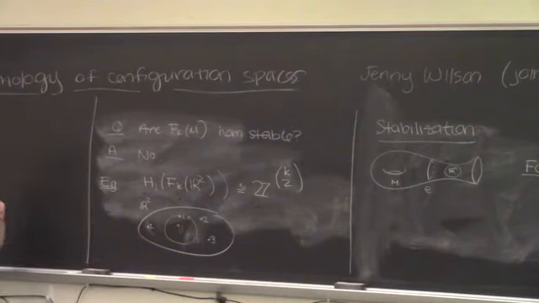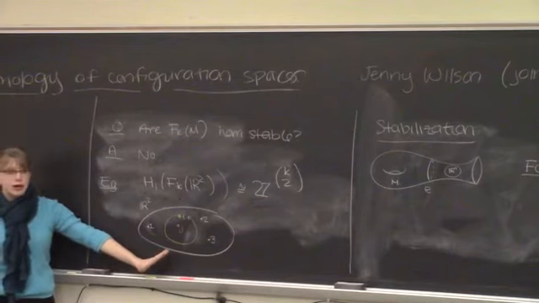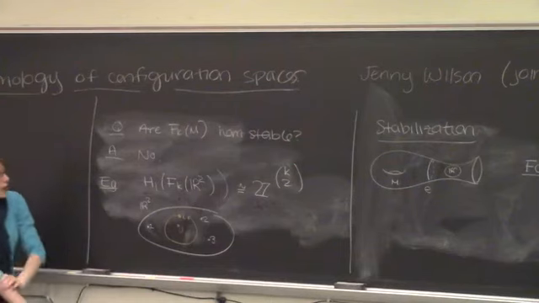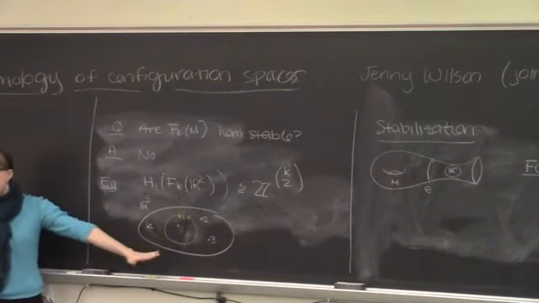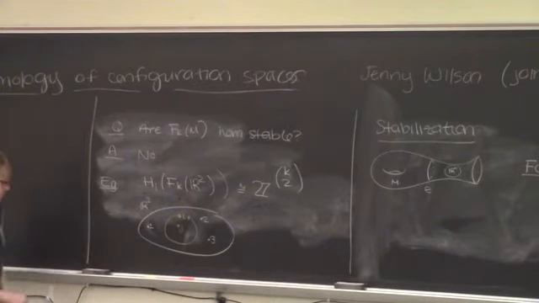And so this is basically the philosophy behind this representation stability program, that even though these groups are all growing polynomially in rank, up to the action of the symmetric groups, somehow they stabilize. Okay.